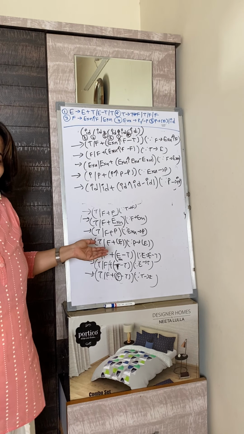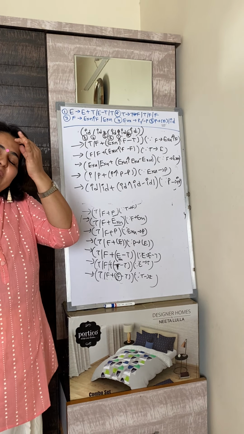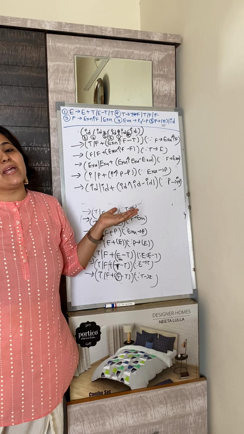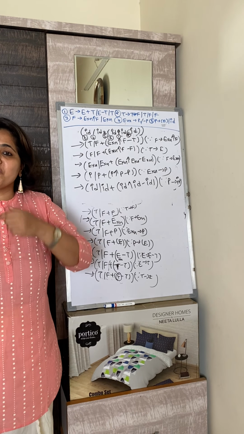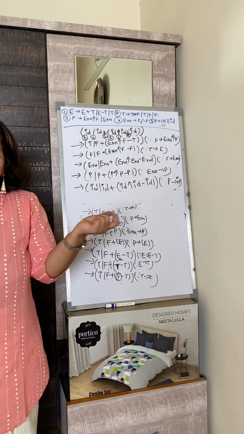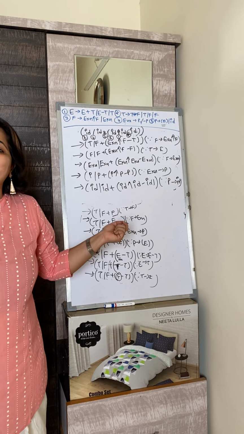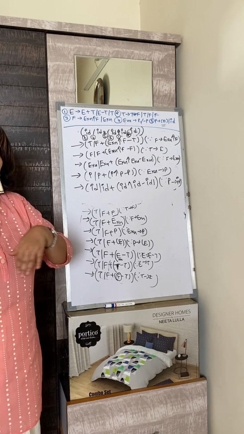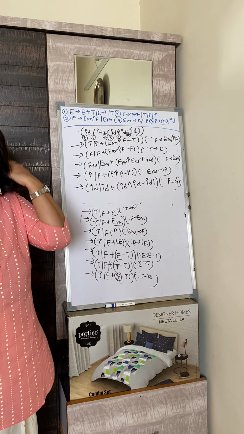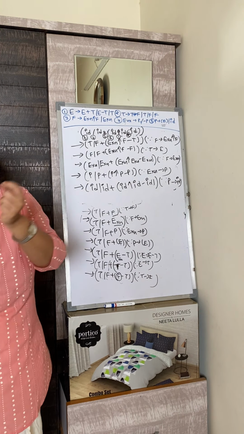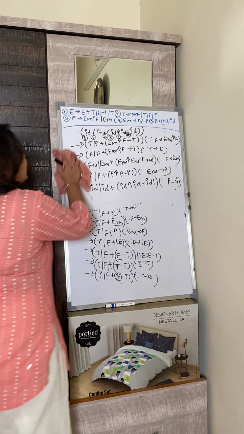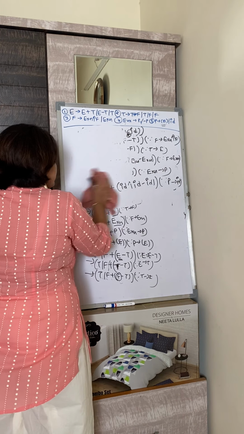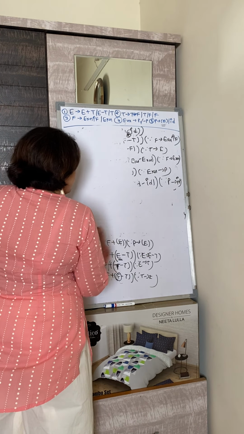You won't be deriving like we have done, as we discussed previously also, that you cannot apply all the derivations at once for the same symbol. The same rule cannot be applied at multiple places. Just for the sake of simplicity we have done it till now, but after this we are going to apply them in sequence as per leftmost derivation or rightmost derivation. So let me explain what leftmost derivation and rightmost derivation mean.